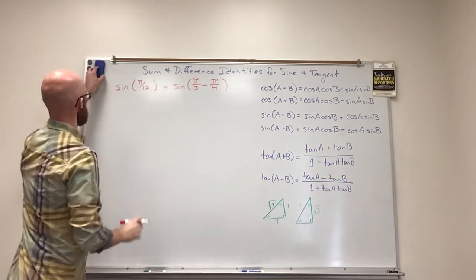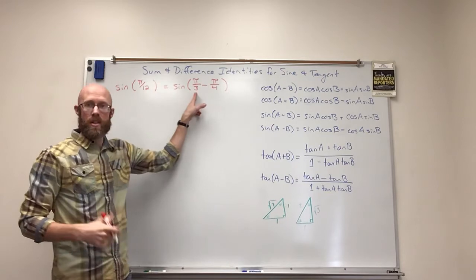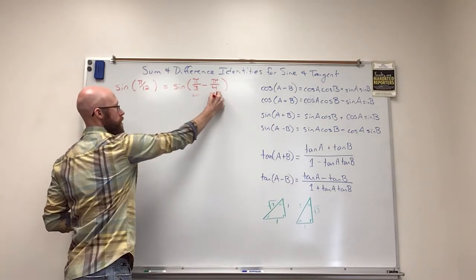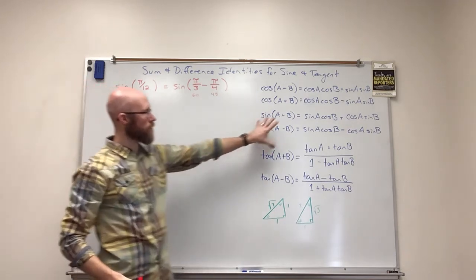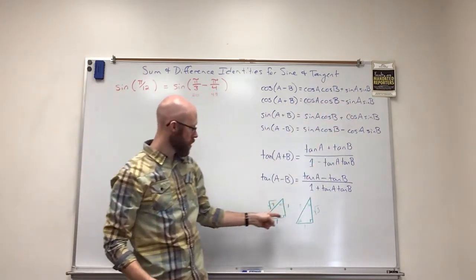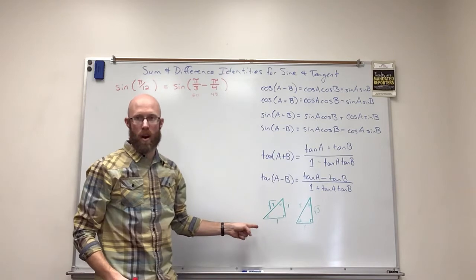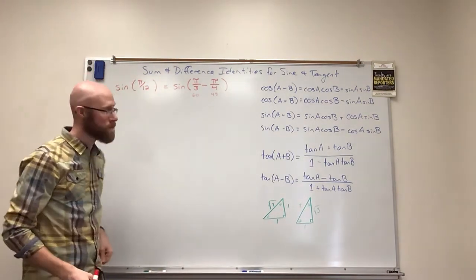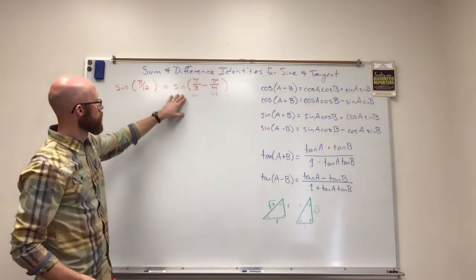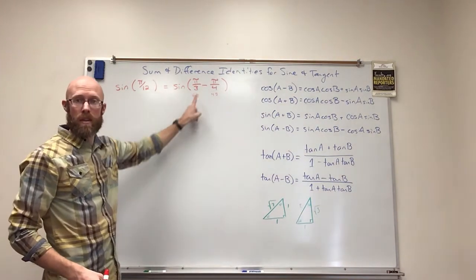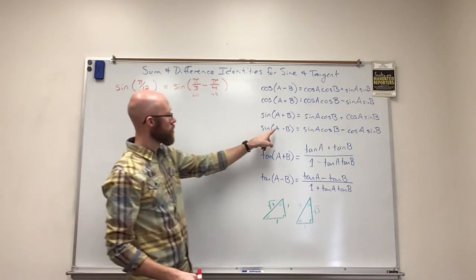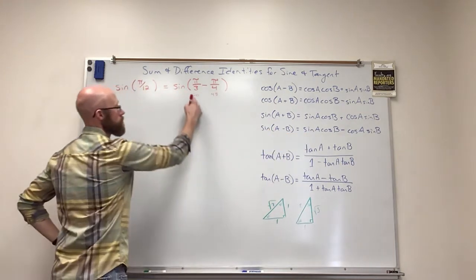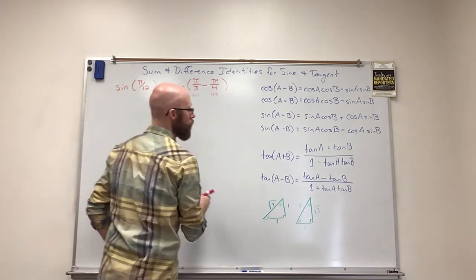Now we've got to figure out what these angles are. Well, we know pi over 3 is a 60 degree angle, and pi over 4 is a 45 degree angle. So when we start evaluating these things, we're going to need to use our special triangles to figure out those values, or your memory if you've memorized them. So this is the sine of a difference. Think of it as a minus b. We're going to utilize this formula. So a is pi over 3, b is pi over 4.